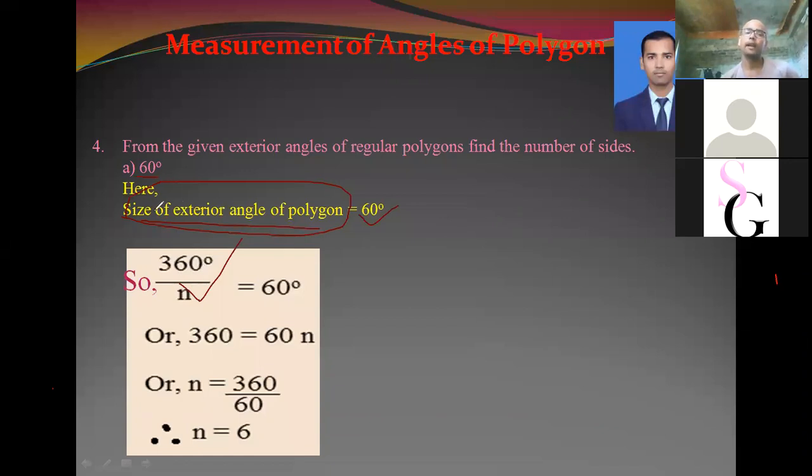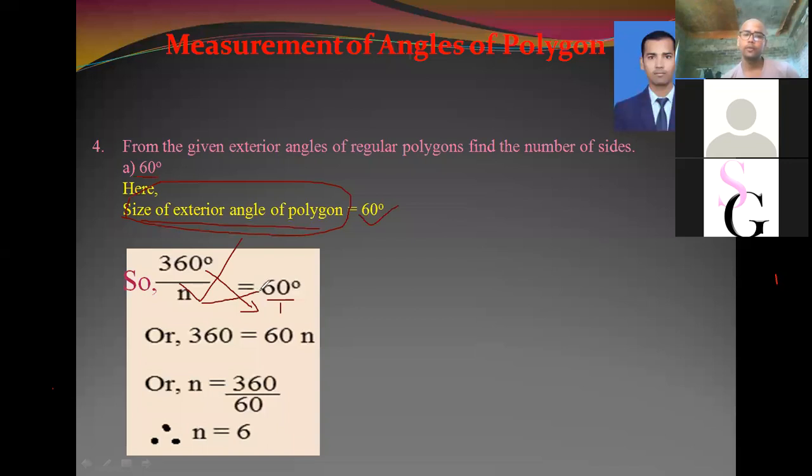So in place of the size of the exterior angle, we replace it with the formula 360 degrees by n, which is equal to 60 degrees. There is nothing as the denominator of 60, so we suppose 1, and here we use cross multiplication.